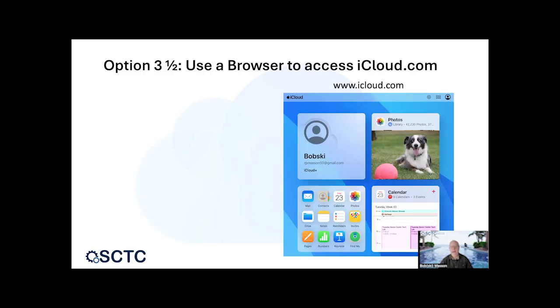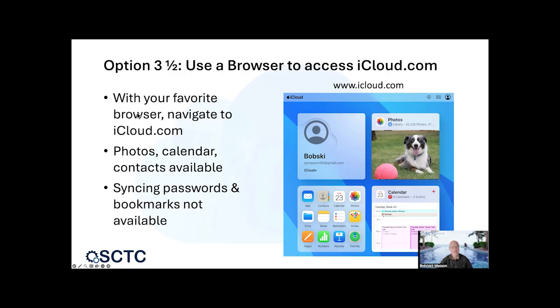Option 3.5: if you go to iCloud.com on your PC, so open your favorite browser like Edge or Chrome and log in with your Apple ID, you will see a splash page that looks something like this. This will take you to your iCloud mail.